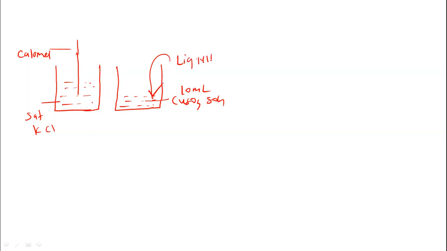Due to the addition of the liquor ammonia, there is a formation of the cupro ammonia complex, Cu(NH3)4 2+. It has a dark blue color. The dark blue color complex is formed.